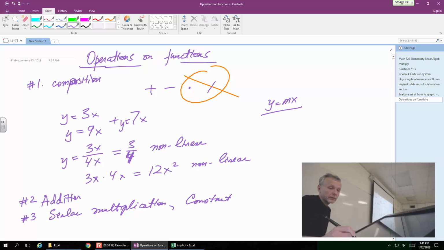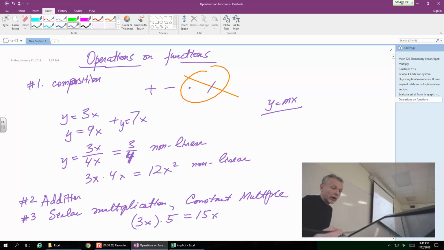Remember that from calculus. So if I have 3x, I could multiply the whole thing by 5. That will be 15x, and it is still a linear function.